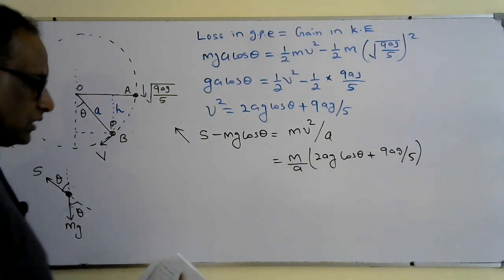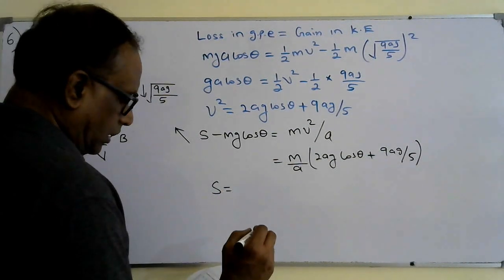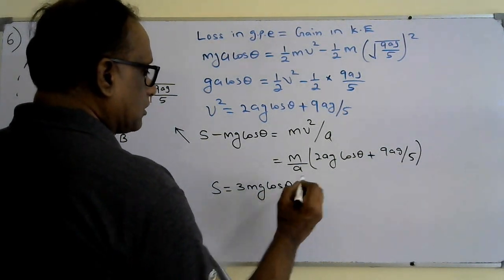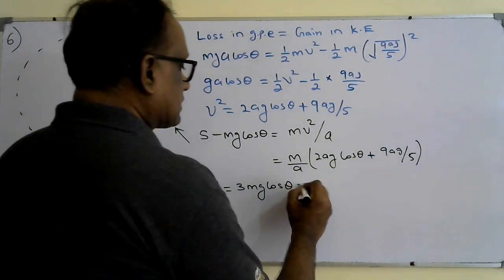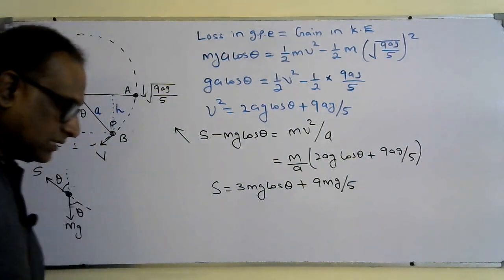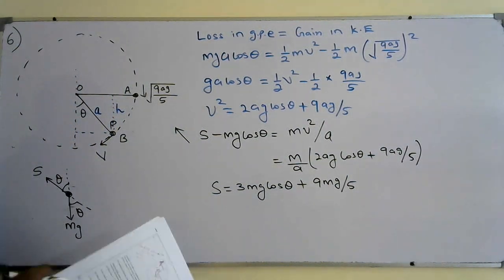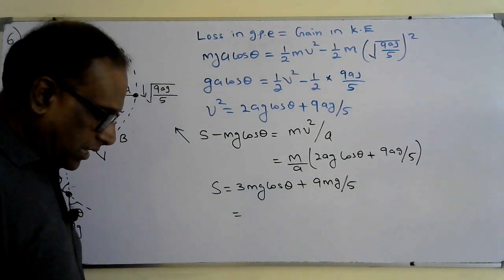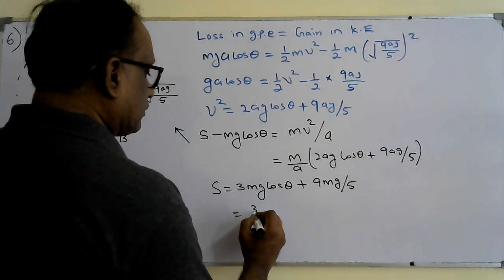You will get S is equal to 3mg cos theta plus 9mg by 5. That is S. Okay, so they asked to show that, so we'll try to take it in that format. Take 3 by 5 mg out of the bracket.